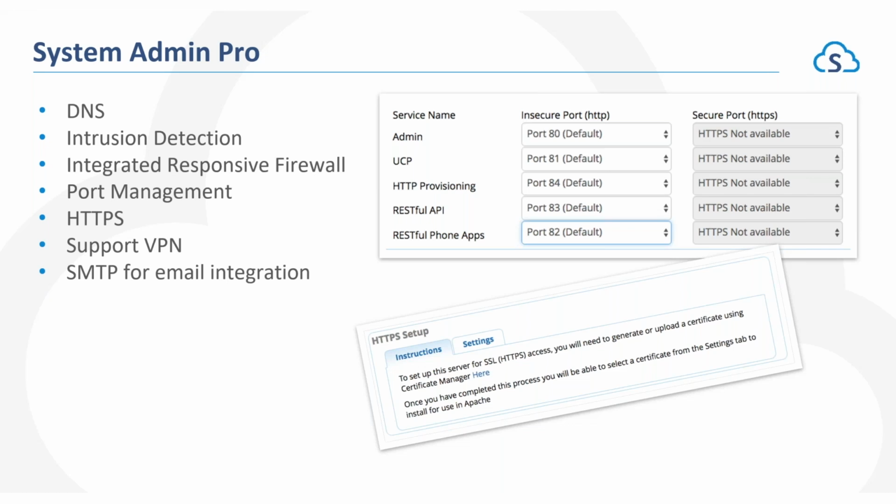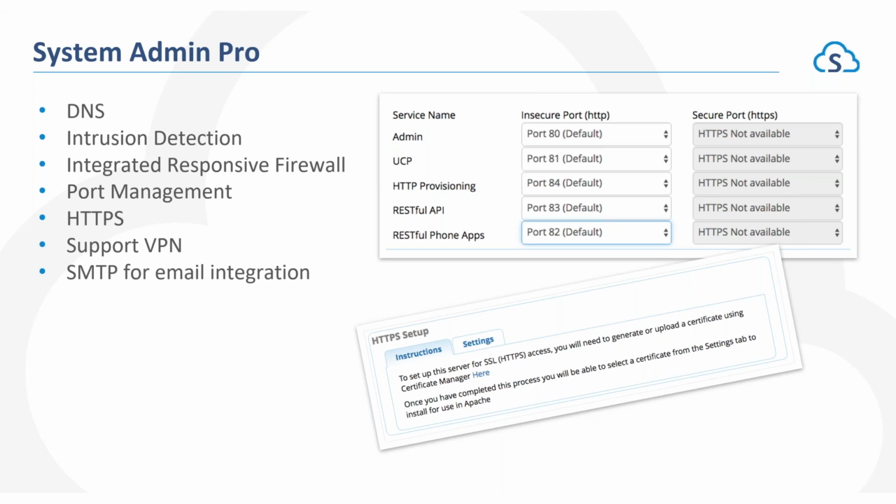This gives you the ability to configure your DNS. It gives you access to setting up, managing your intrusion detection or our integrated responsive firewall. It also provides you with port management, including exposure for additional provisioning protocols for HTTP and HTTPS.